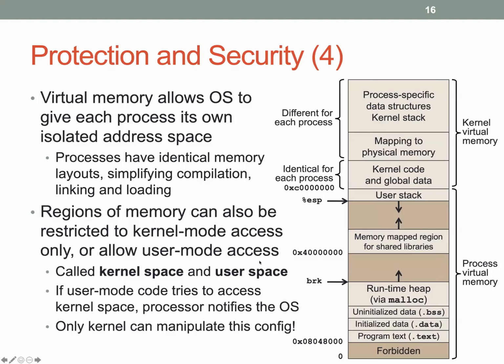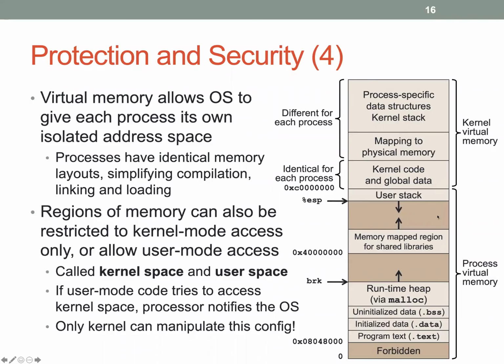Now you'll also notice this is kernel virtual memory. So there's stuff that is for the process, but not accessible by the process, that lives in this region of memory. It belongs to the process, but the process itself can't touch it because it would just mess everything up. So this memory is marked only accessible by the kernel.